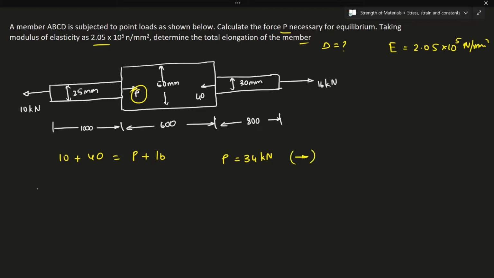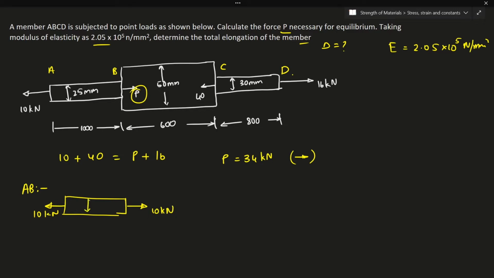Okay, so now let me just give all the names here: A, B, C, D, A, B, C, and D. Now for the portion AB, the free body diagram would look something like this. The force towards the left side is 10 kilonewton, and again I'll have the same force towards right side as well, 10 kilonewton.